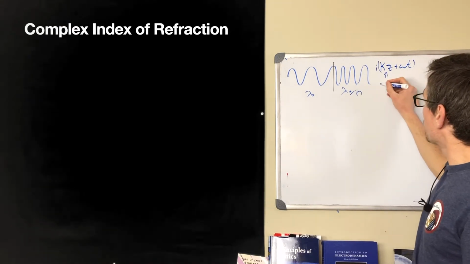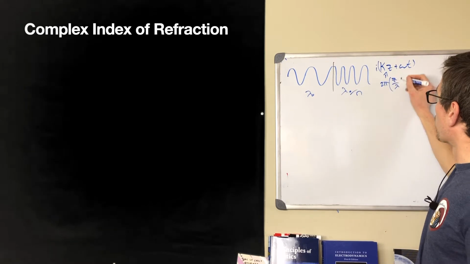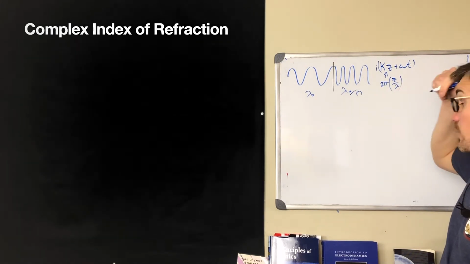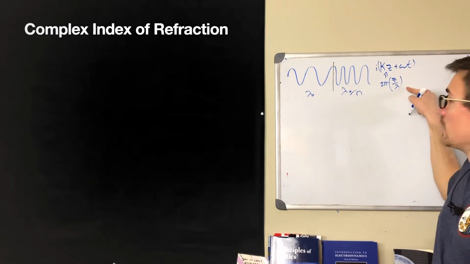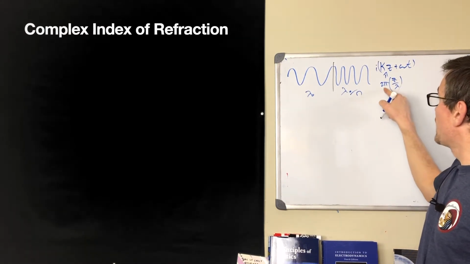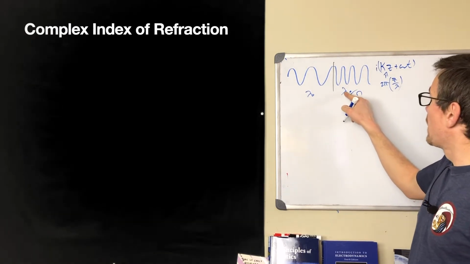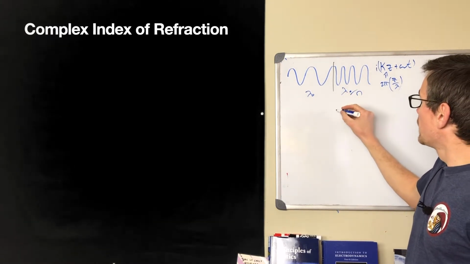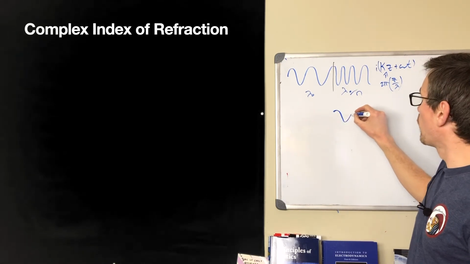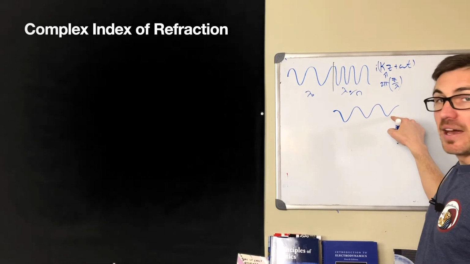And if we look at this term, it says 2 pi over lambda times z, right? So it's 2 pi times z over lambda. So the number of wavelengths that we go times the phase per wavelength. So what this is actually saying is that when we have lambda going to lambda naught over n, this is equivalent to going 1.5 times, or n times in this case, longer in vacuum, right?